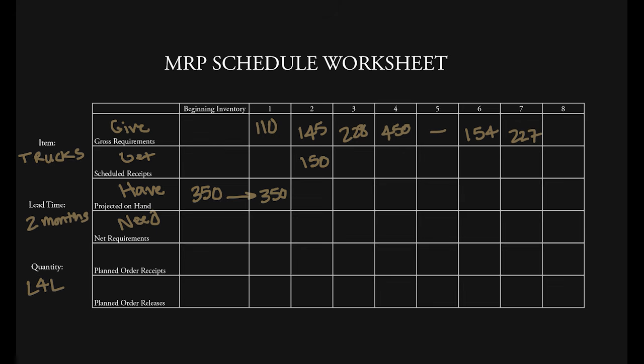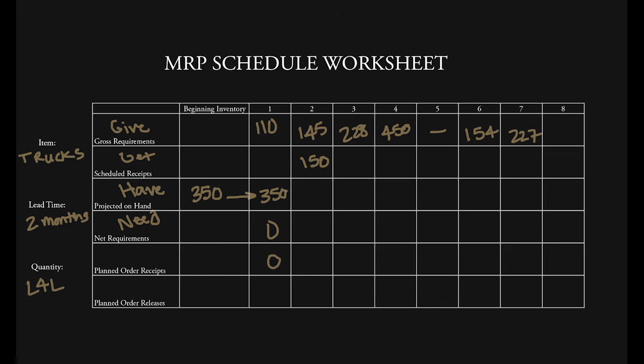So we have 350 trucks. We are selling or giving away 110, which leaves us with 240, and we don't need to order anything new. So I'm going to put 0 for needed requirements, which means that we don't need to order anything yet.